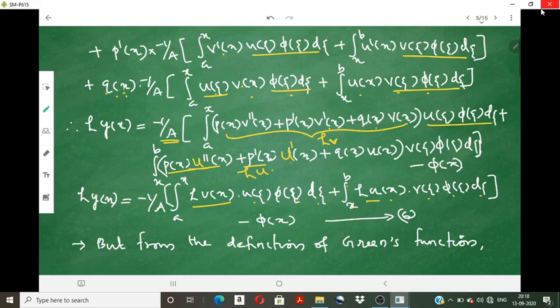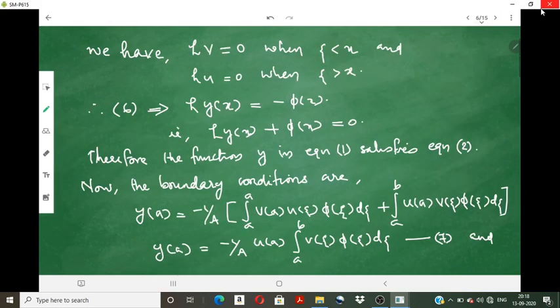Now from the definition of Green's function, it is already known that u of x and v of x are the non-trivial solutions of the homogeneous equation Ly equal to 0. That means LV of x equal to 0 when x is greater than theta, or theta less than x, and LU equal to 0 when theta is greater than x.